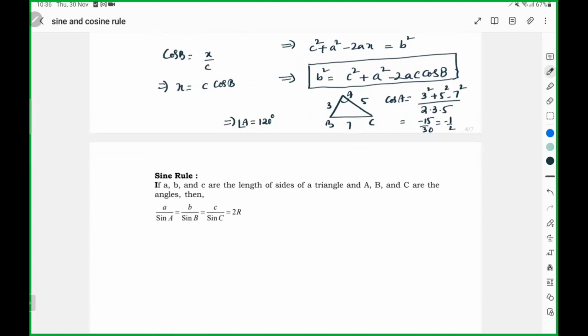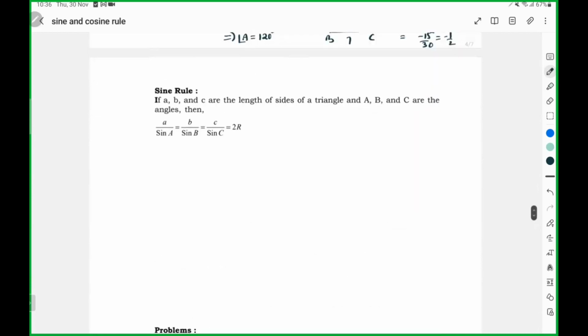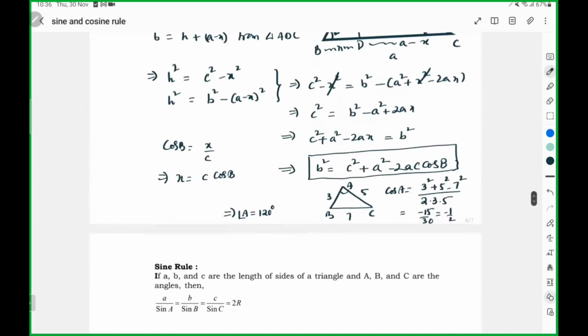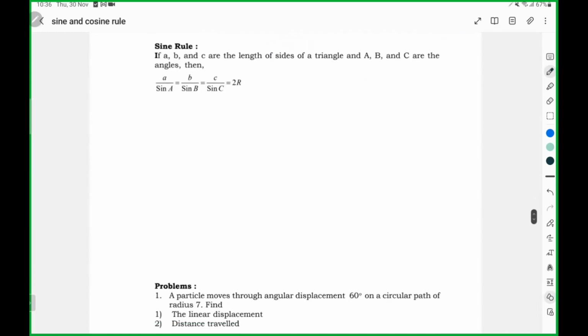Opposite by hypotenuse and adjacent by hypotenuse formulas are not valid here. In a similar way to how the cosine rule helps, the sine rule also helps for any triangle.